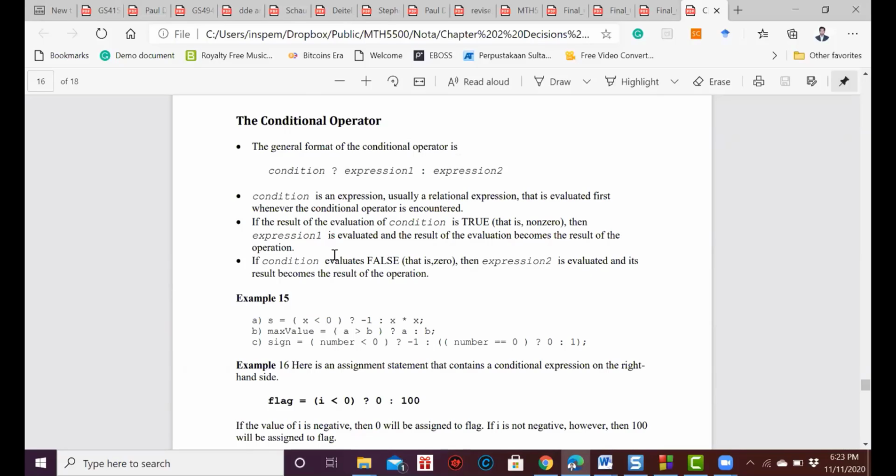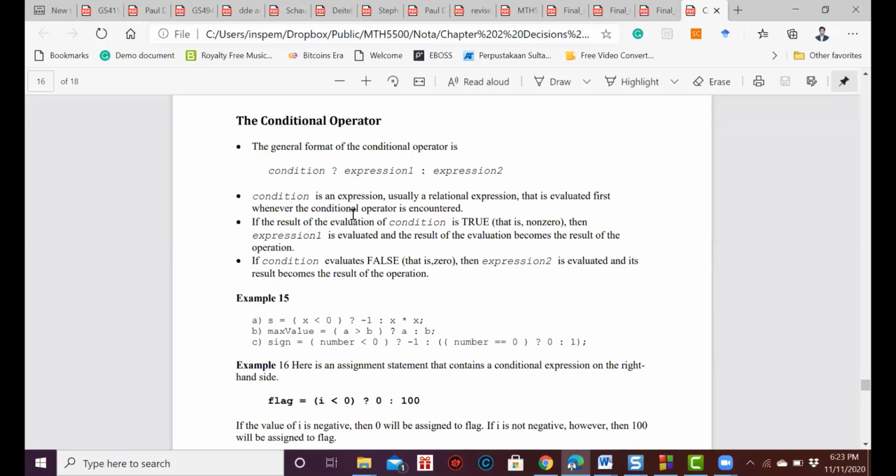Now, continuing with the conditional operator. What is the conditional operator? I think Munirah, Mandi and Eliana from UPM already know about this. We repeat again: condition, followed by a question mark, then expression 1, colon, and then expression 2. If you do not understand, later we will look at a real example.